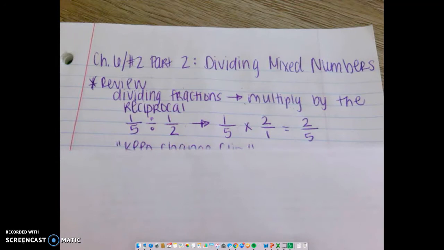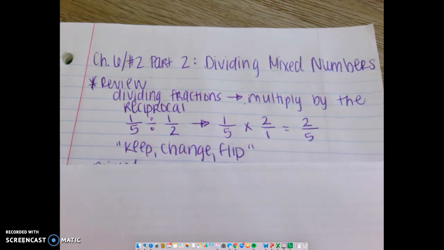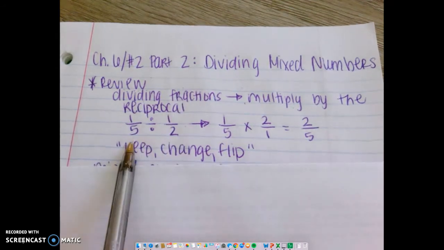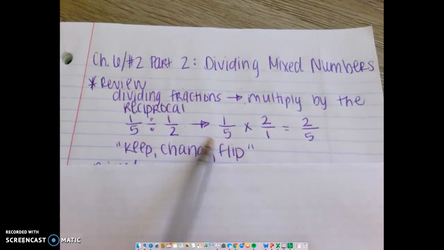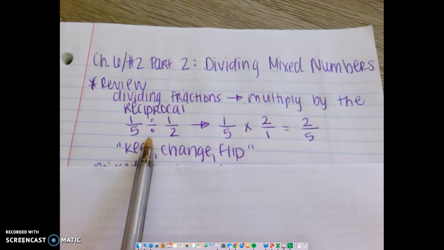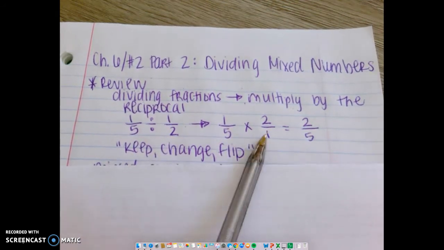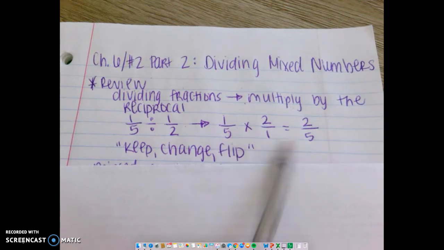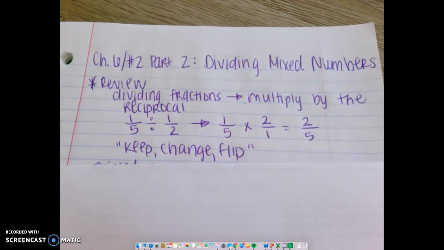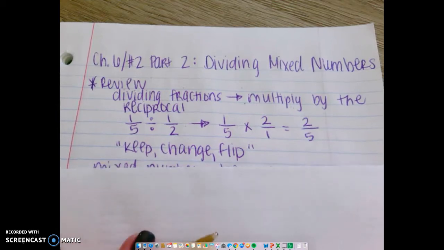So our little phrase that we can keep in our mind to help us remember the steps is keep, change, flip, because we keep the first fraction, we change our operation from division to multiplication, and we flip our second fraction to give us our reciprocal, and then we just multiply like regular. If you need to pause this video at any time to write these notes down in your notebook, that is fine. I do need to see these notes next time that I see you.